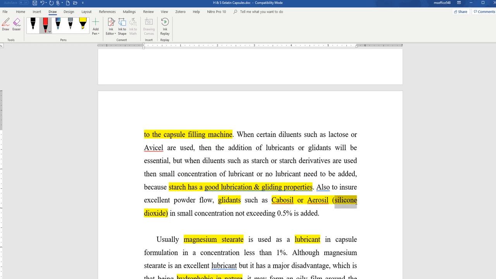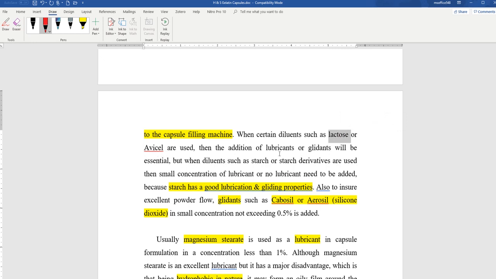Remember, this is silicon dioxide. We talked previously about titanium dioxide. Titanium dioxide is different. Titanium dioxide is an opaquant agent used in the capsule shell to make it opaque. You need such glidants especially if you are using Avicel, which is microcrystalline cellulose, or lactose.